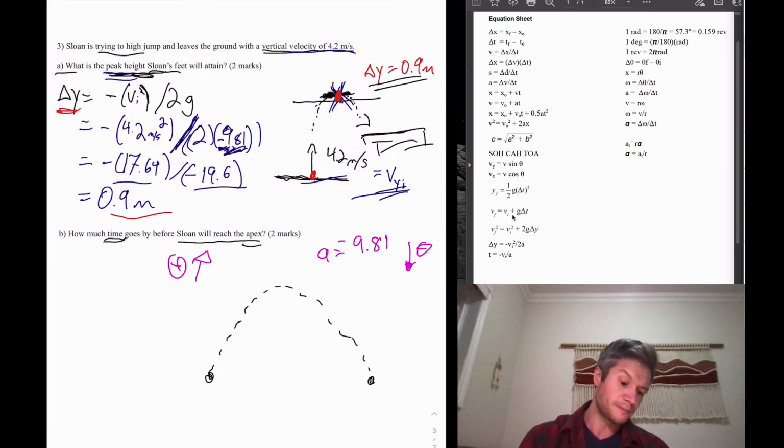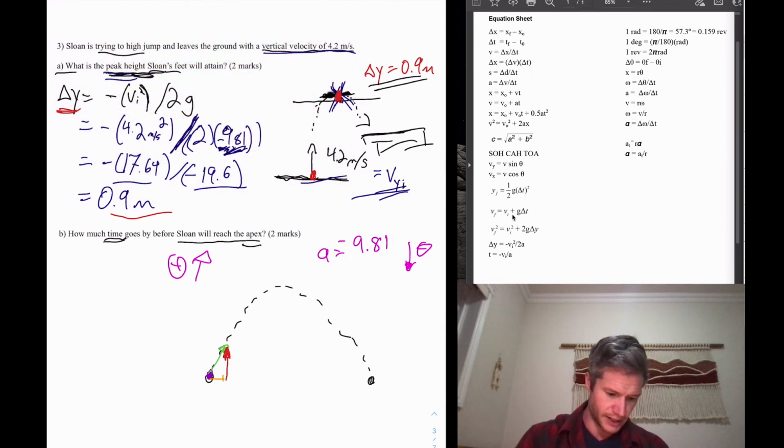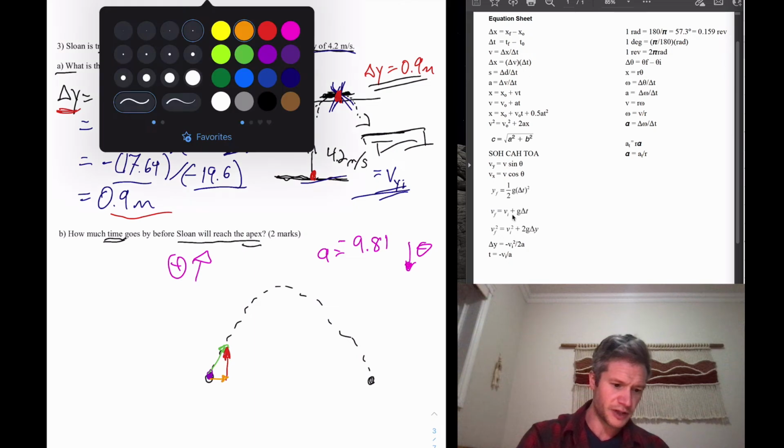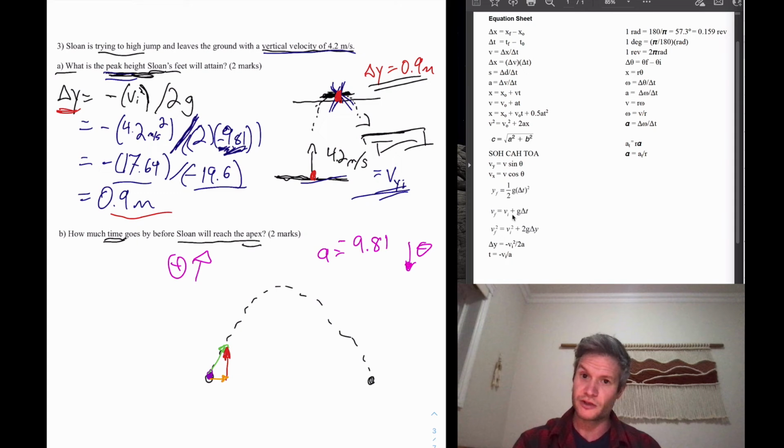So what we can do with that is recall that from here we have some initial velocity, and we're only going to consider the vertical component. Remember that if I have something at an angle, I can break that down into the vertical component, the y-axis vector of velocity, and the x, using my tip-to-tail addition strategy with my vectors.